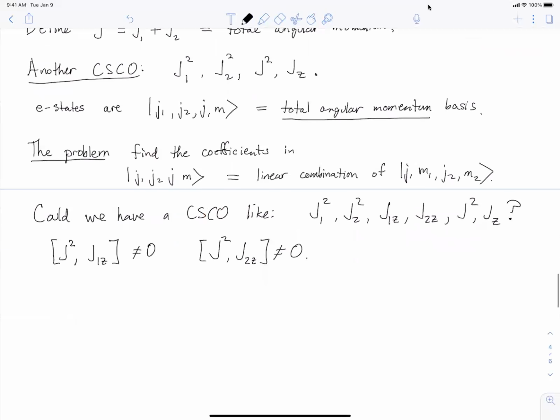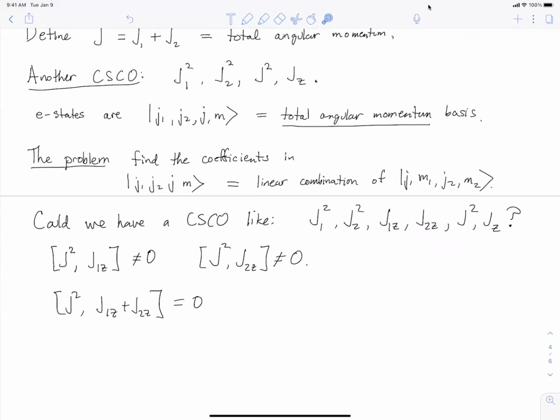It is true that J squared with J1Z plus J2Z does equal 0. And that's why we could have a CSCO that had both of those, but we can't have a CSCO that has this one and this one or this one. So the answer is no.